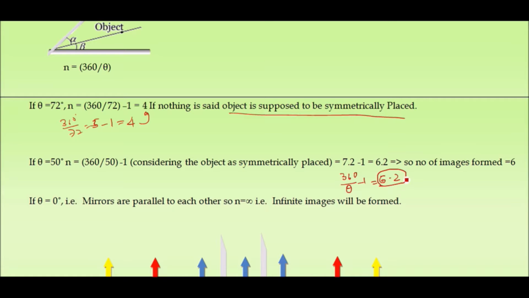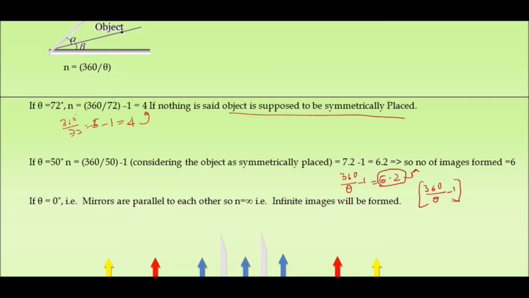So the number of images formed is equal to 6. If the number of images formed is not an integer, then you take the greatest integer of 360 by theta minus 1, like the integer equal to or below that number.